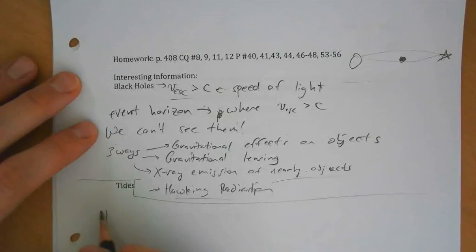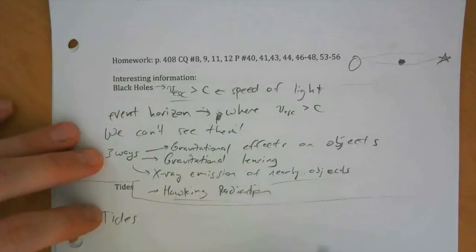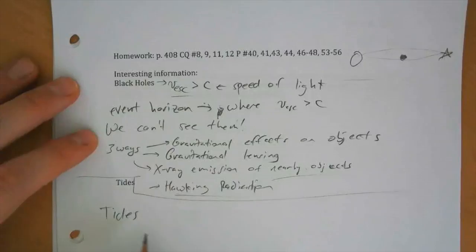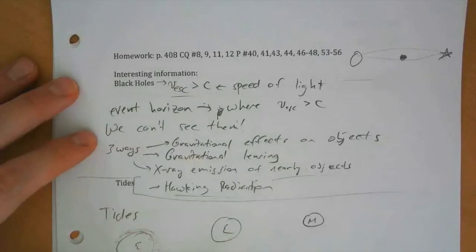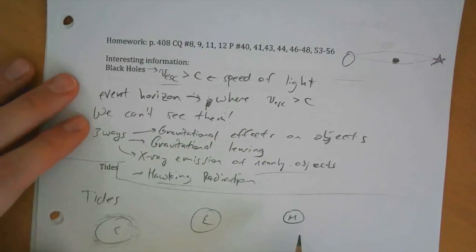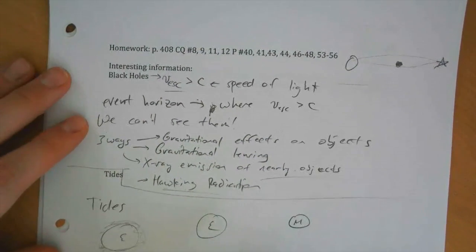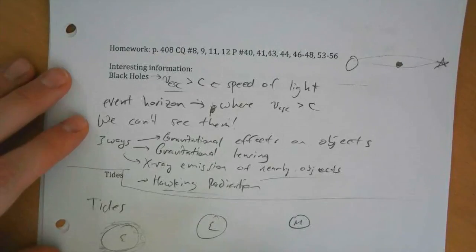The other effect that has to do with gravitation is the tides on Earth. Normally, here we've got Earth, and the Earth has water around all of its surface, the water in the oceans and whatnot. And we've got the moon right over here. The tides are caused by the gravitational pull of the moon, and more specifically, by a difference in the gravitational pull from the moon.